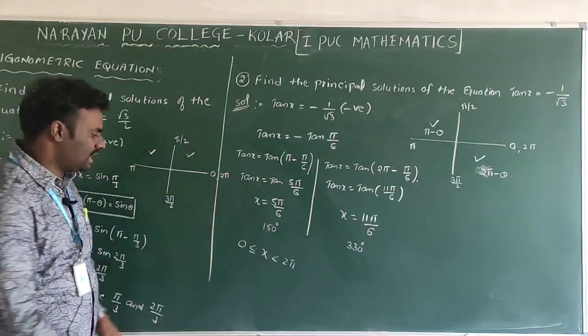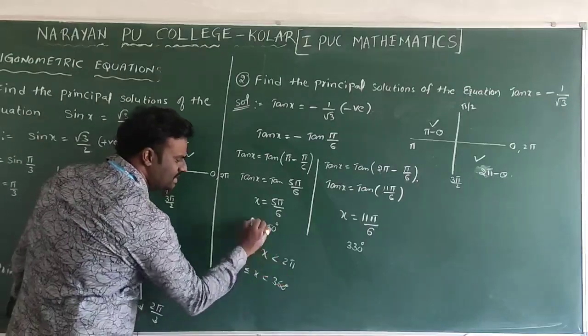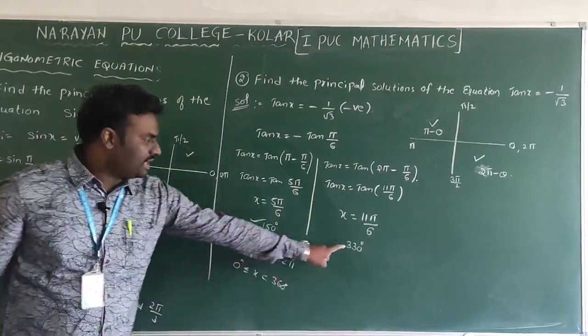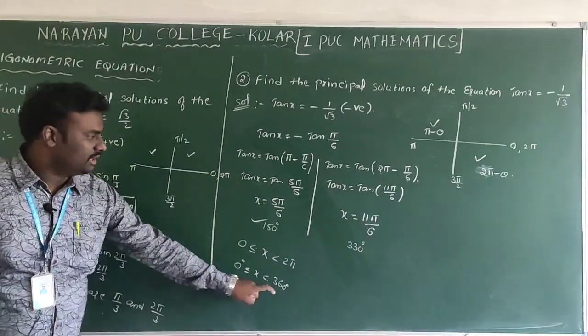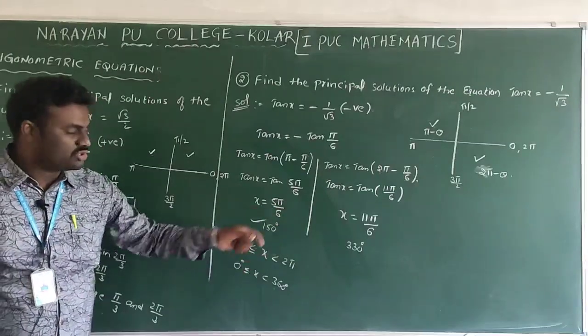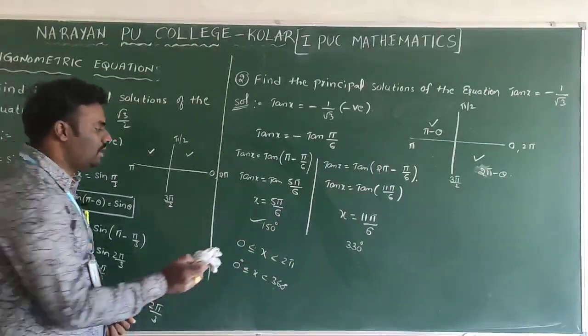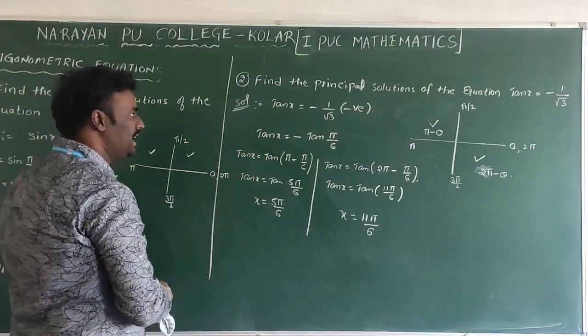150 lies between 0 to 360. Is it correct? Yes. 330 also lies between 0 to 360. Yes. The final answers are satisfying this condition. So these two are called the principal solutions of the given trigonometric equation.